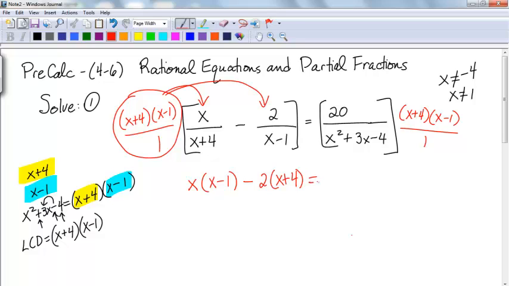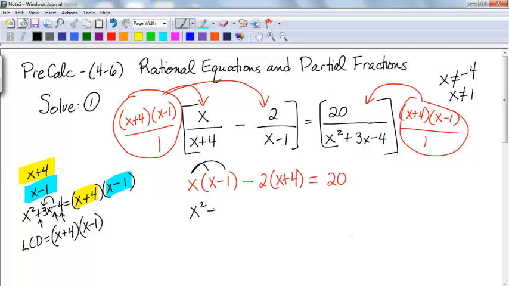Everybody okay with that? You see what I'm doing? Then equals. Then you have to take this whole thing times this fraction. Well, this was factored from this, so those will divide out, and the only thing that's left is a 20. And that's the idea, to get rid of the denominator. Now you've got to multiply this out. X times x would be x squared.